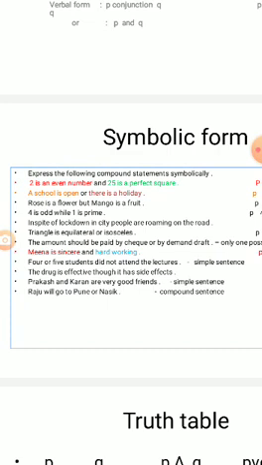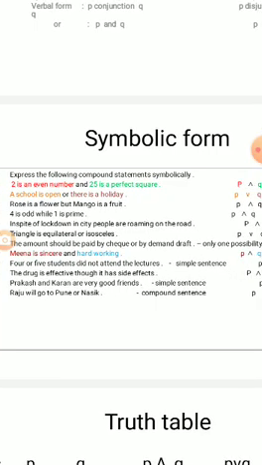Rose is a flower, but mango is a fruit. This means rose is a flower and mango is a fruit. So if we denote by P the statement rose is a flower, and by Q the statement mango is a fruit, then the given statement is P and Q. The given sentence is the verbal form and its symbolic form is P and Q.